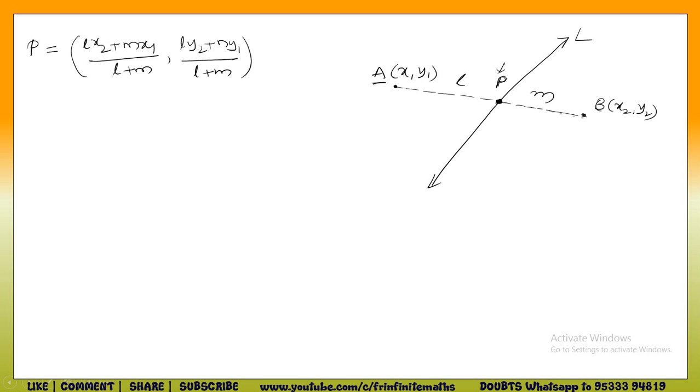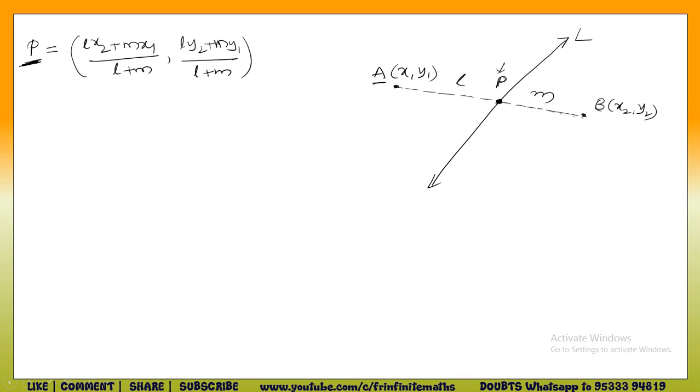Sorry, this is L and M. This is nothing but the point in which the line segment joining AB is being divided in the ratio L is to M. So this is the point P.